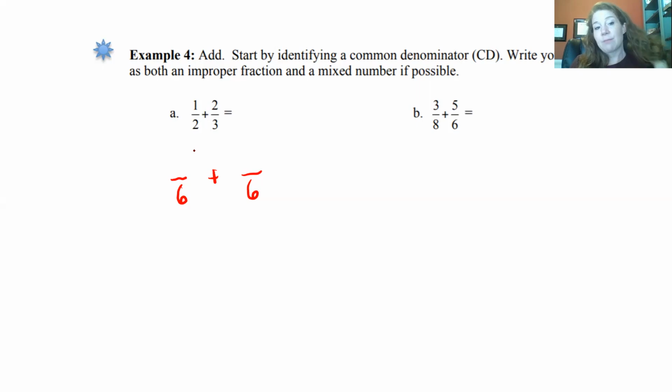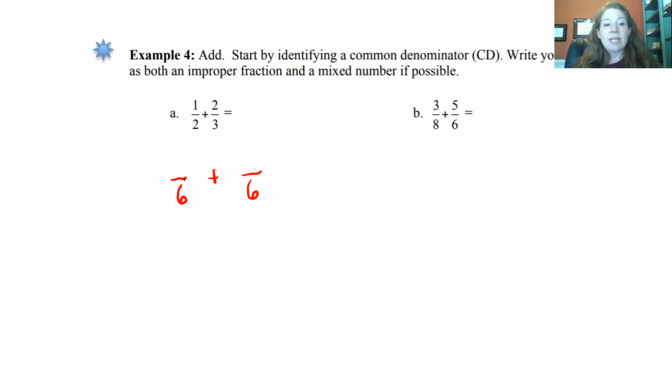The least common multiple is 6. So sometimes just by multiplying them, you'll have the least common multiple, but sometimes you won't. But either way you do it, as long as you have a common multiple, you're still going to get the correct answer eventually by using a common denominator, even if it's not the least common denominator.